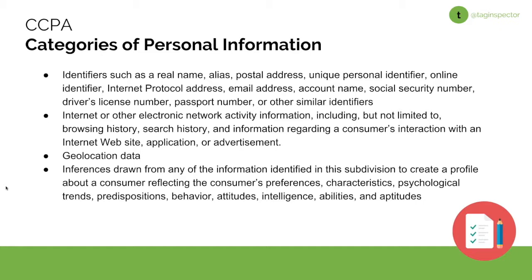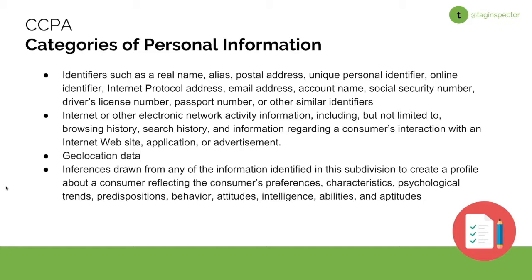The next category would be internet or other electronic network activity information. So this is browsing history, search history, consumers' interaction with an internet website. From a tag standpoint, when you're doing data mapping and trying to identify what platforms, what personal information is being collected, that's the bucket that most of that activity is going to fall into. Then geolocation data, if you're collecting any of that, as well as inferences drawn from any of the information identified within any of the different categories.